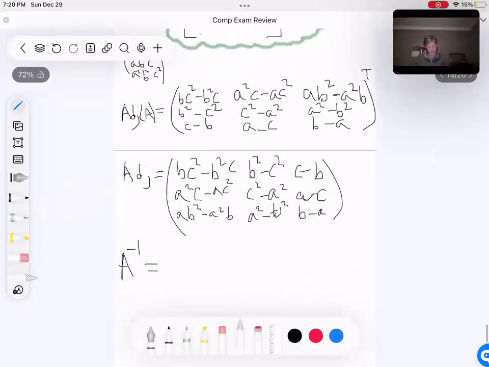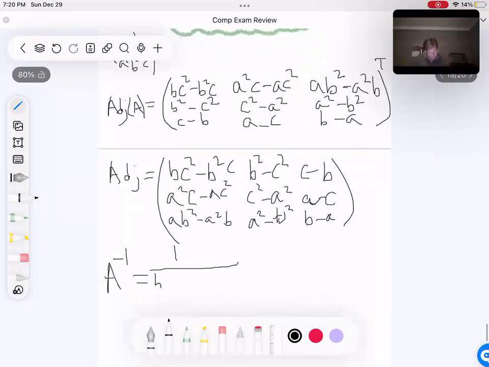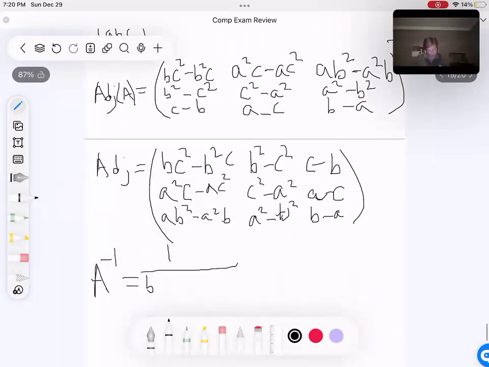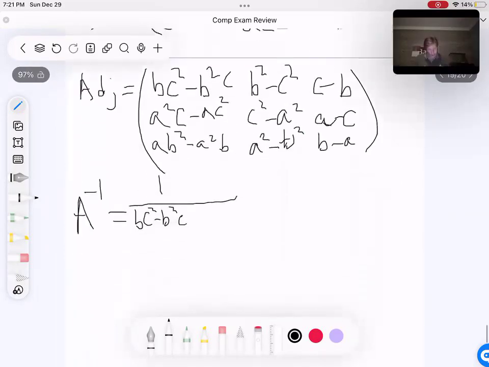Okay, so that is going to give us 1. Oh, and I don't even have my pen tool. Sorry, it's been a very long day. 1 over the determinant, which is 1 minus b c squared minus b squared c, b squared c minus a squared minus a c squared plus a squared c, right?